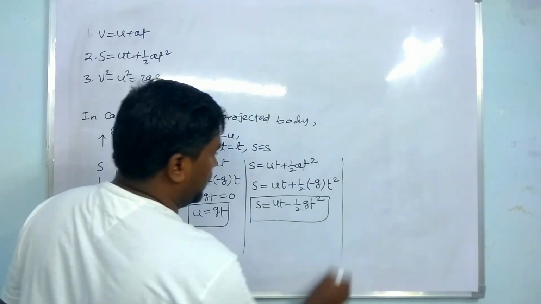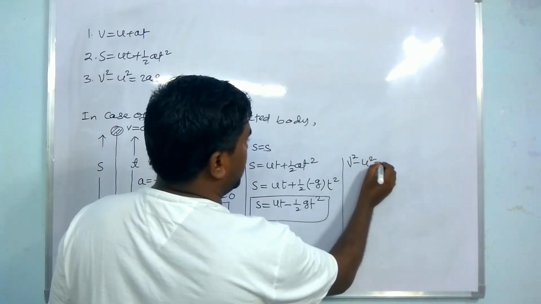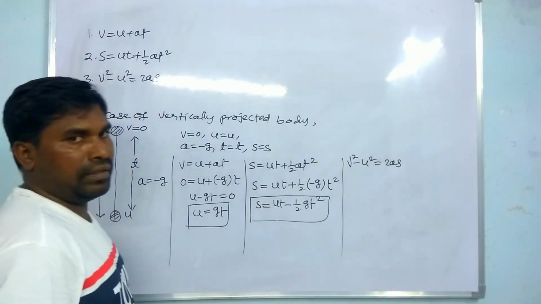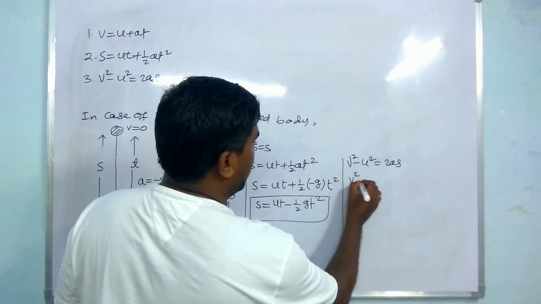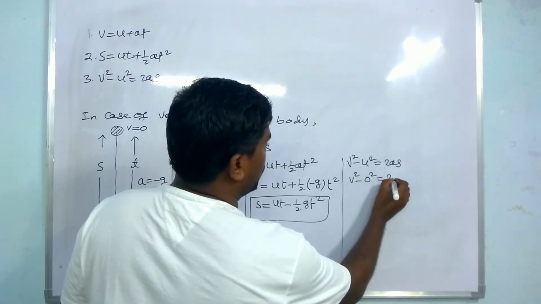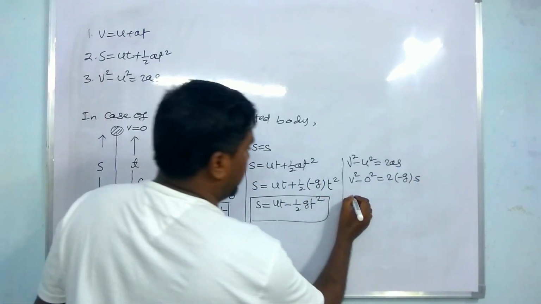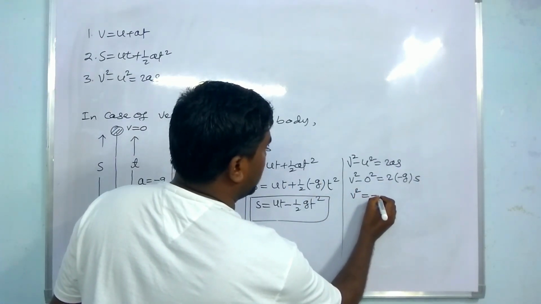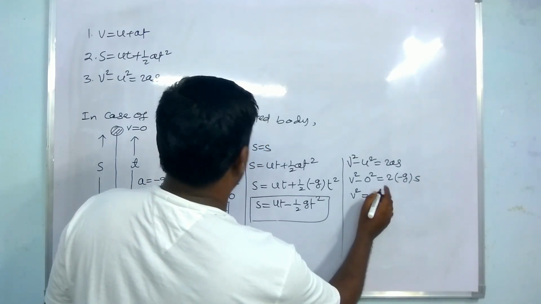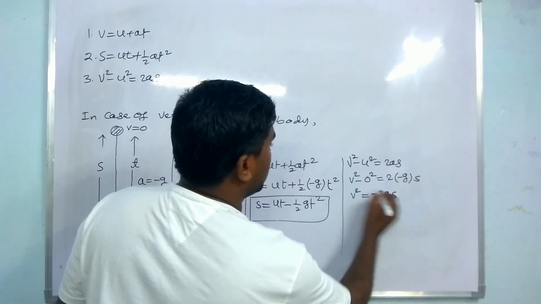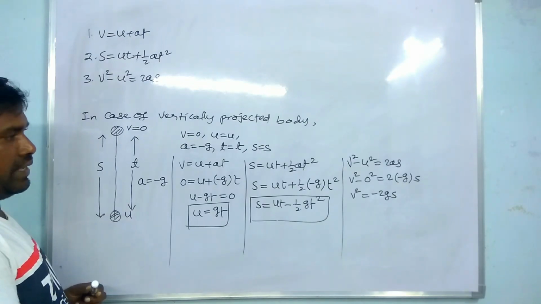Okay, and coming to the third one, where v square minus u square is equal to 2as. Here v square, that is 0 square, is equal to 2 into minus g into s, so minus u square is equal to minus 2gs.